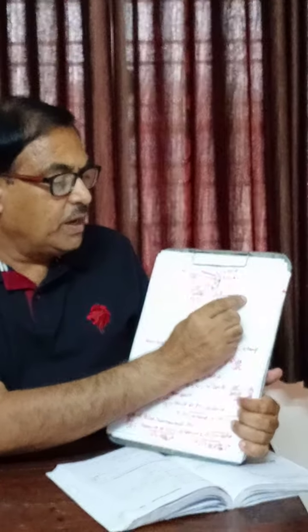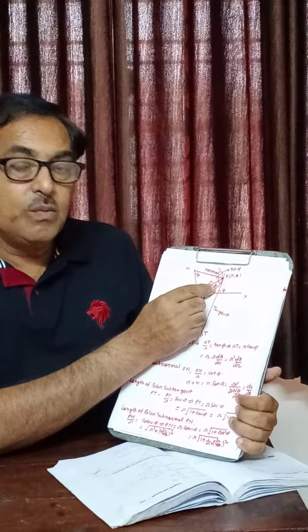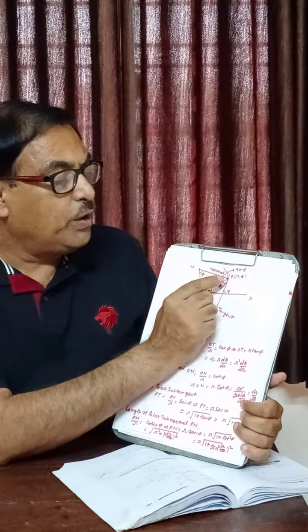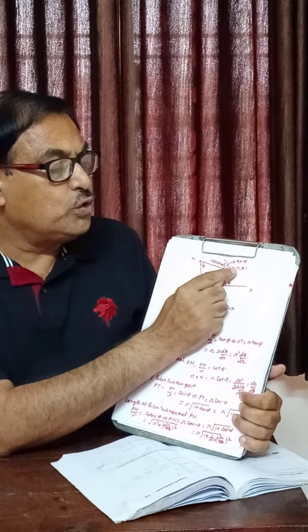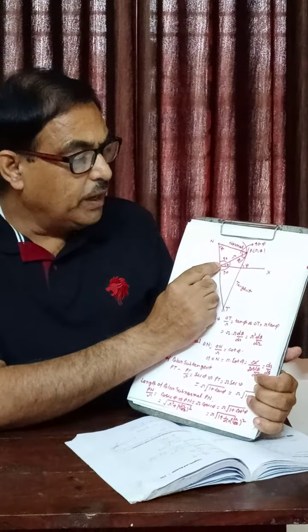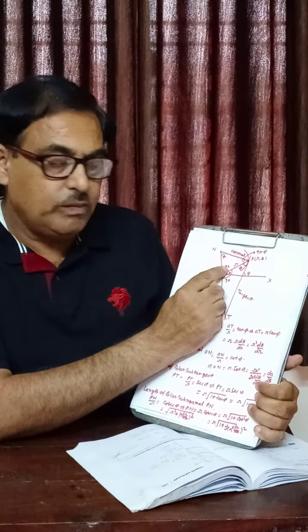Suppose O is a pole, OX is the initial line, and any polar curve is given. Let P be any point on this polar curve whose coordinates are r and theta. Join the point P with O. Clearly, angle POX is equal to theta, the vectorial angle.